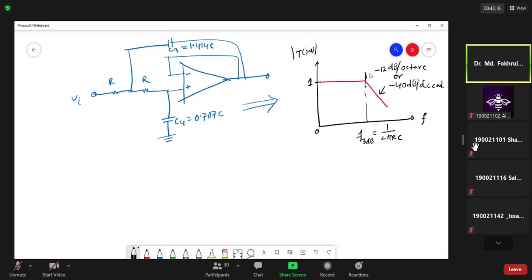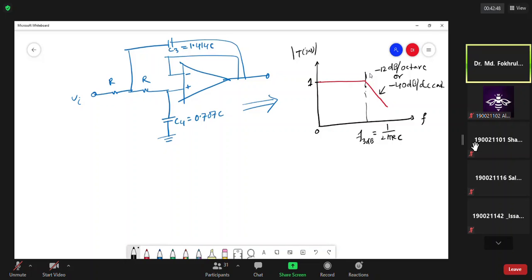There was a power n, 6n dB per octave or 20n dB per decade. The n was the number of poles. So since here is double pole, 6n means 6 multiplied by 2, so 12 dB per octave or 40 dB per decade.